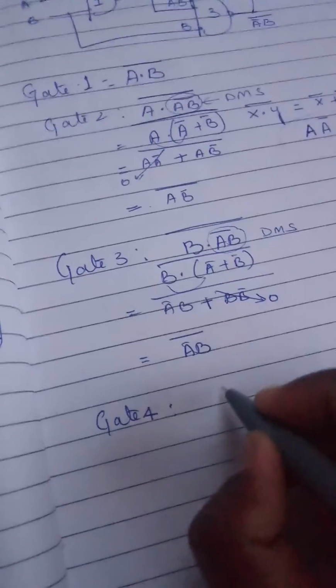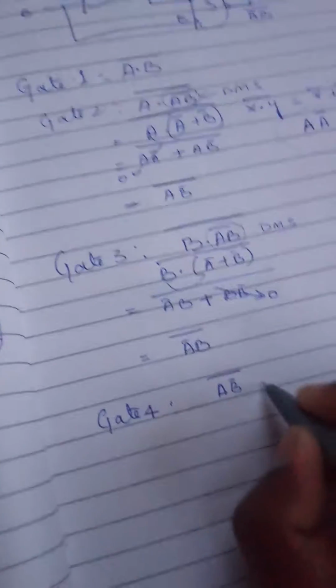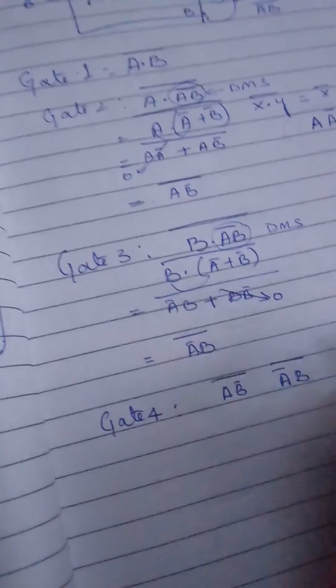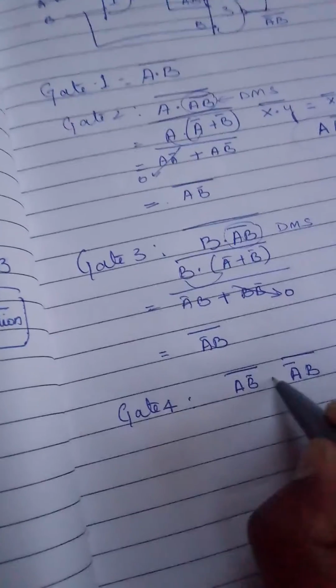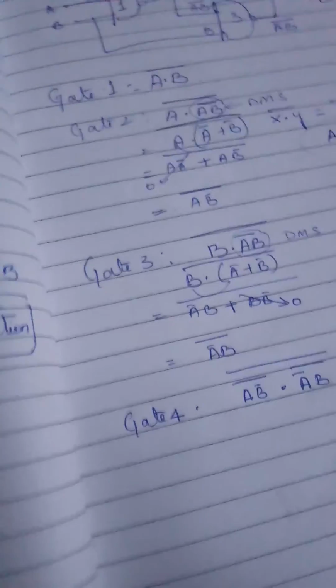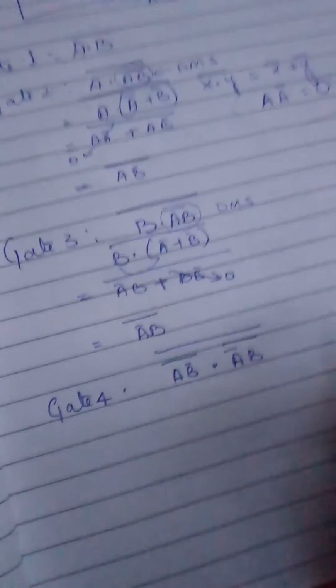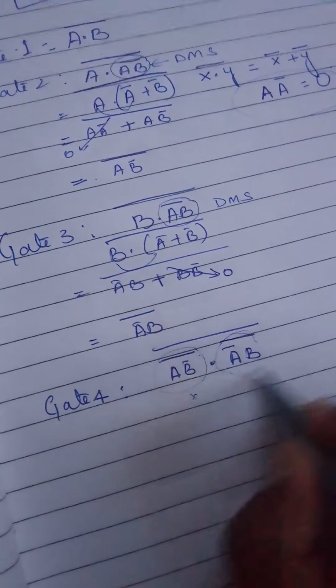Now if you check the output at gate 4, you have one input as (A B bar) complement and the other input as (A bar B) complement, and the relationship is a NAND function, so it is the AND followed by a complement. Now when I simplify this, I'll apply De Morgan's theorem, taking this term as x and this term as y.